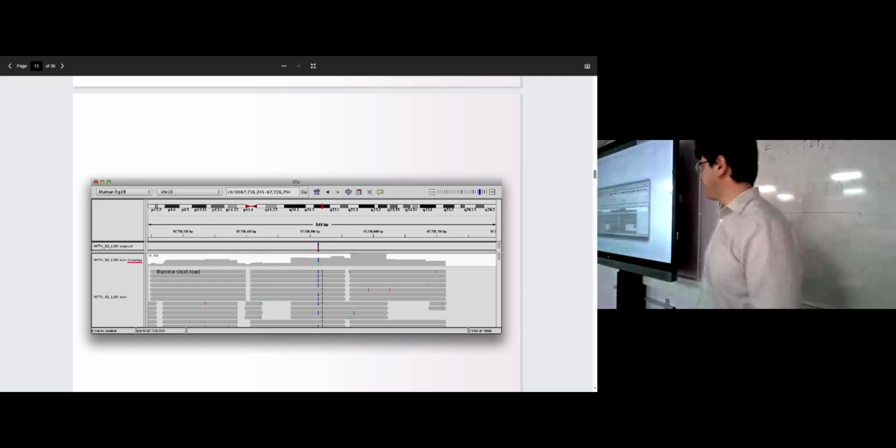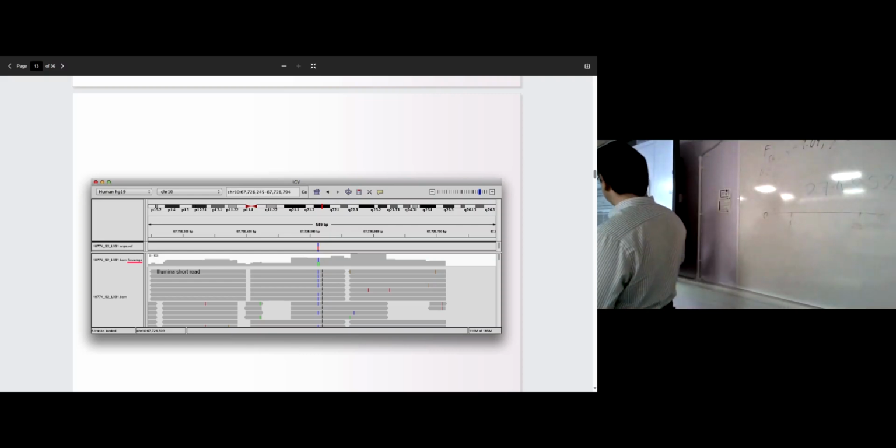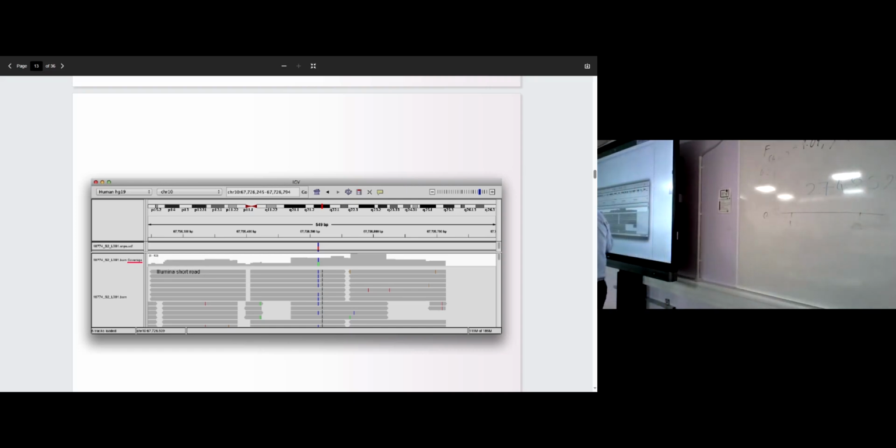So as I say, the whole of genomics is not to look at the things that are the same as the reference, which here we have grayed out, but to look at the things that are different from the reference, the consensus reference human genome, which here we have colored.